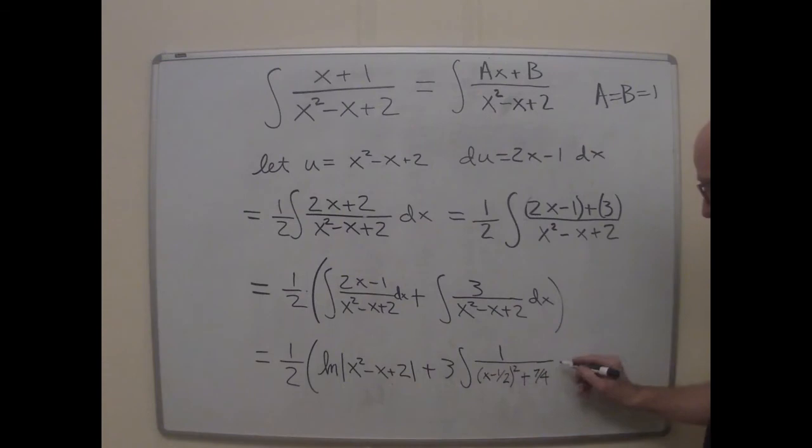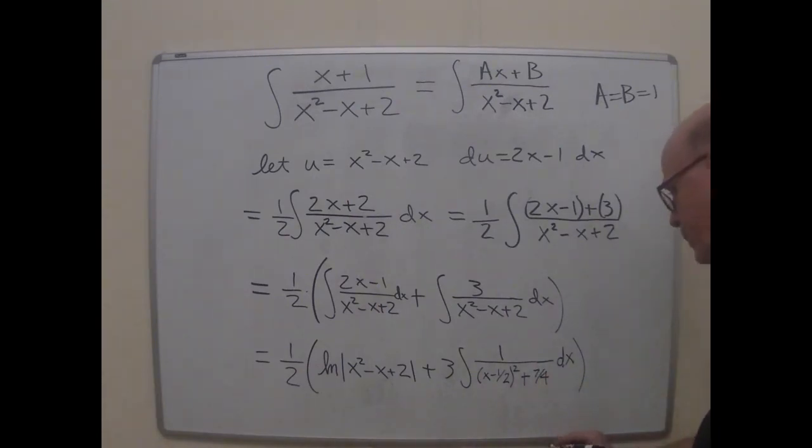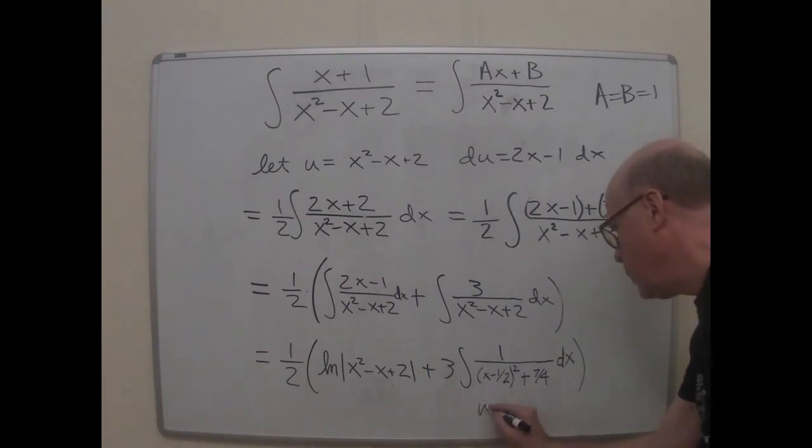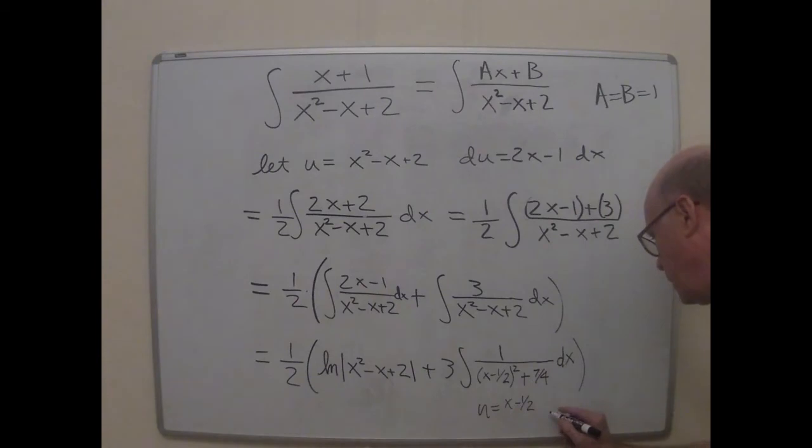And this is the kind of thing we can do with the trig substitutions we talked about last time. x minus 1/2 will be our u, and a will be the square root of 7 over 2.